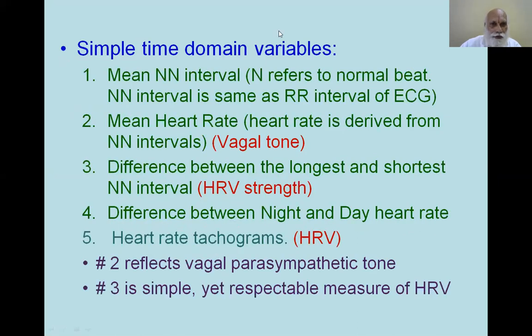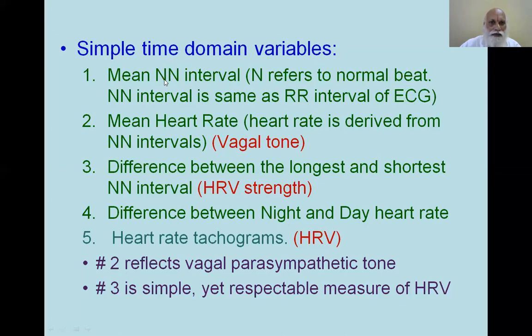Now, the simple time domain variables are mean NN interval, mean heart rate, and the difference between the longest and shortest NN interval. If you see this NN, it refers to normal beats. Normal to normal beats are essentially R to R intervals. Though the labeling is slightly different, we don't call it RR interval now, as far as it is in the ECG.